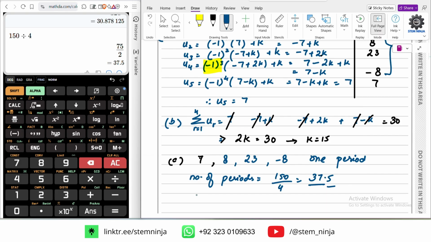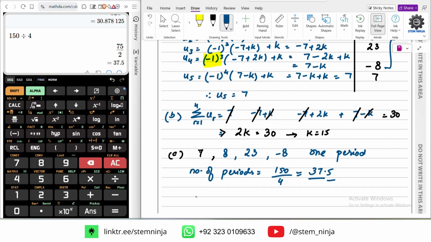Okay. So, right. So this would be the sum from 1 to 150 of ur, which would be 37 times the sum of values from 1 to 4 of ur, which is 30, plus u1 plus u2.